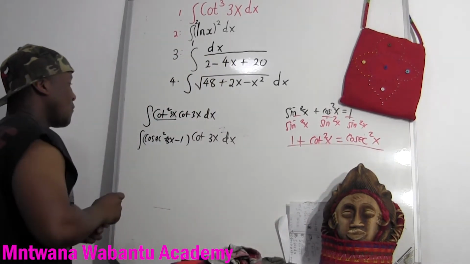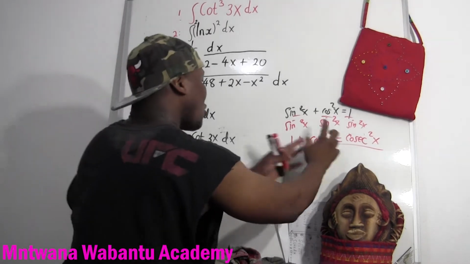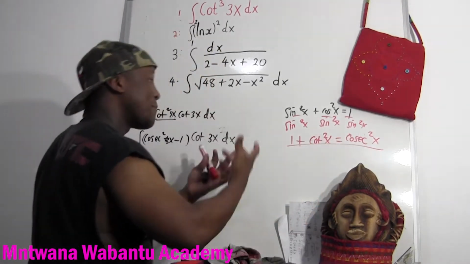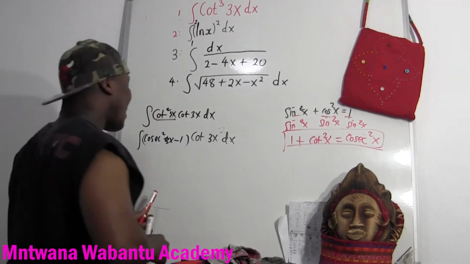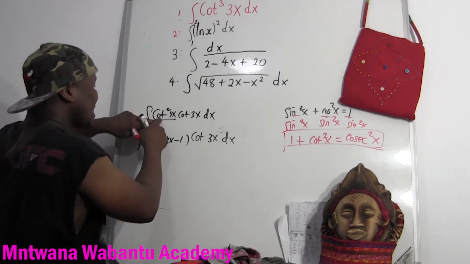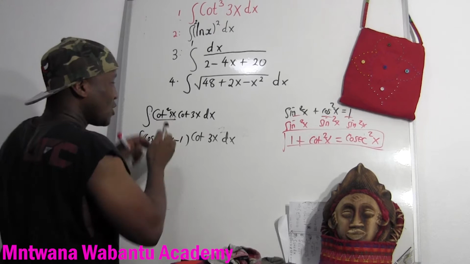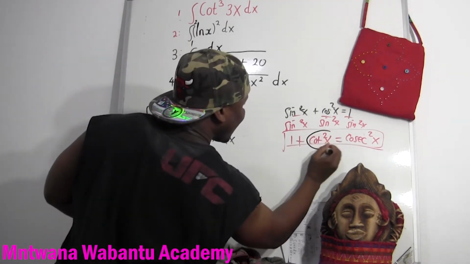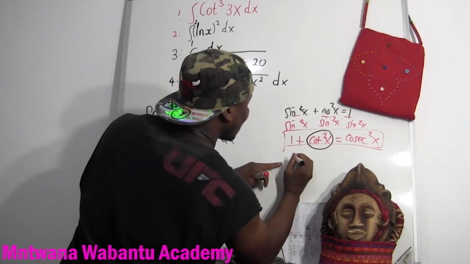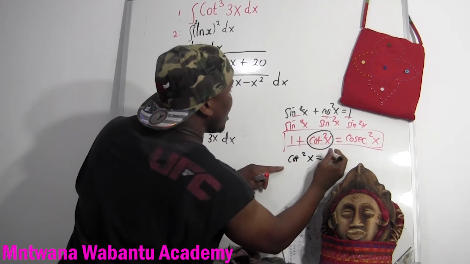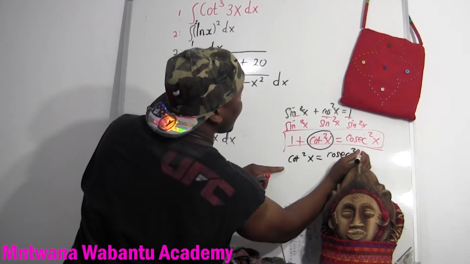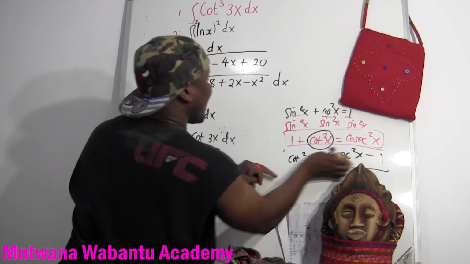You see what I'm saying? This is going to help me change between cosec and cot all the time. Some people memorize, but most of the time I don't memorize, I prove it from there. So if I want to replace cot squared with cosec squared, cot squared x equals cosec squared x minus 1.